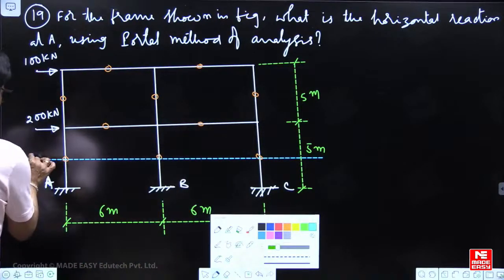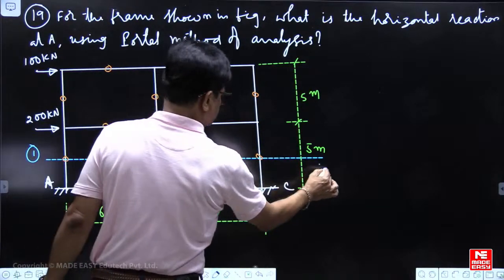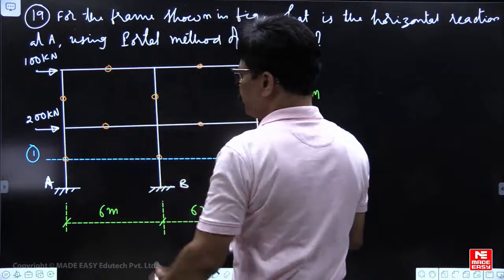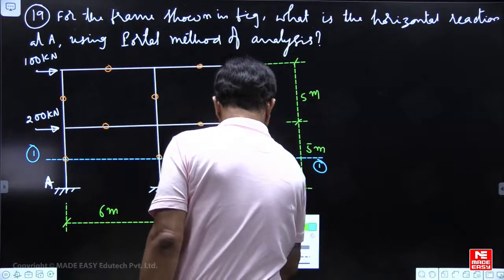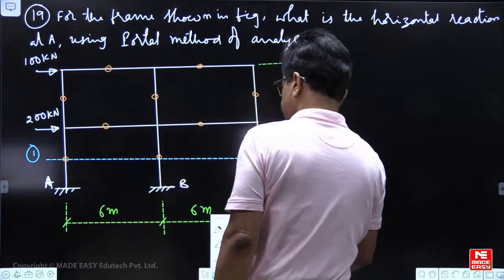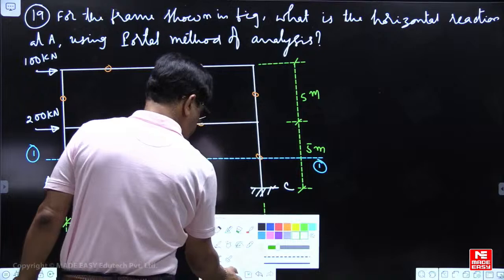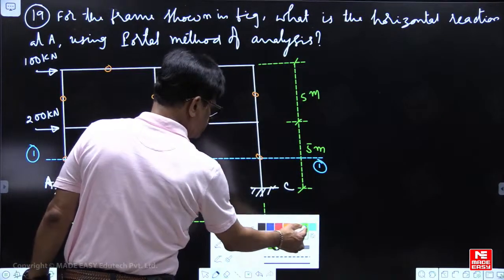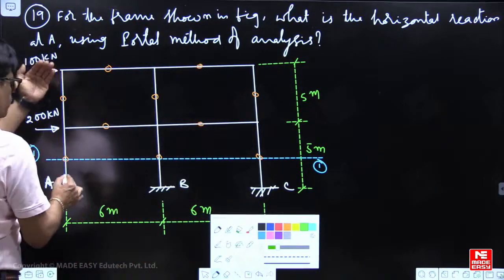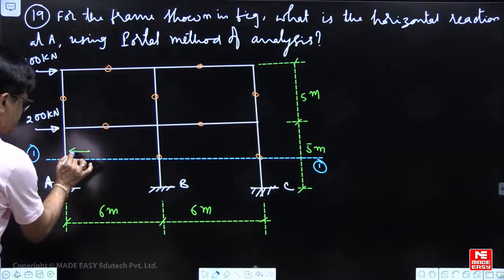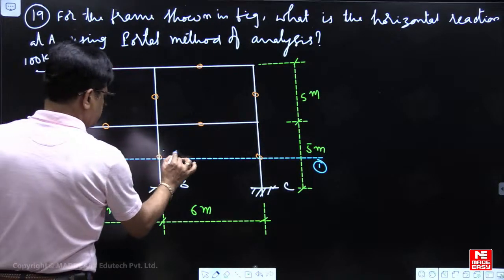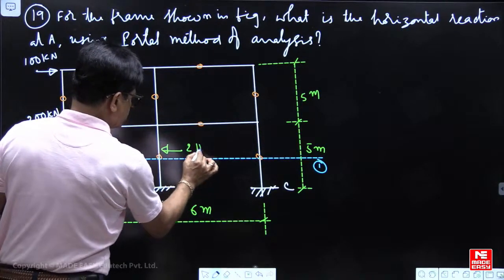say free body diagram, here I will take 1 1. From the free body diagram above 1 1, here itself I will show the reactions also. Above 1 1 if I take it, this is H, let us say. This will be 2H.